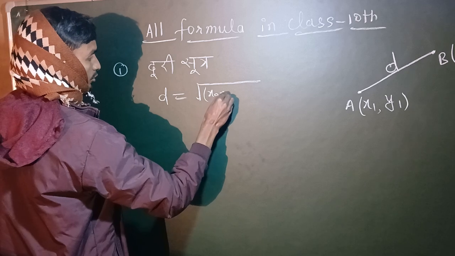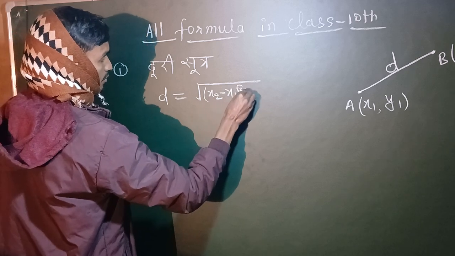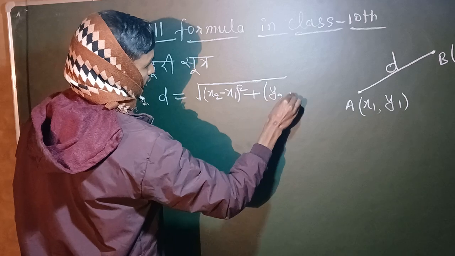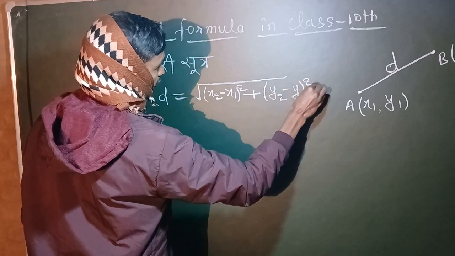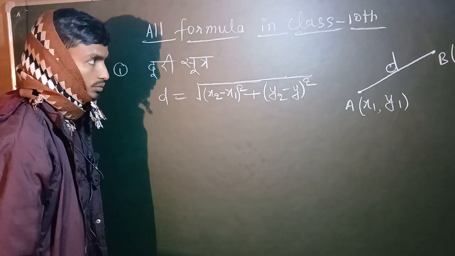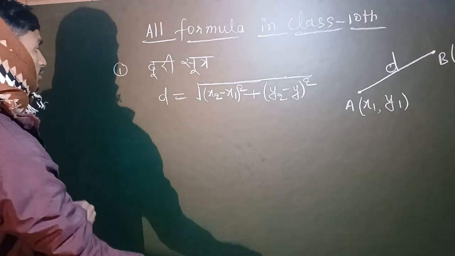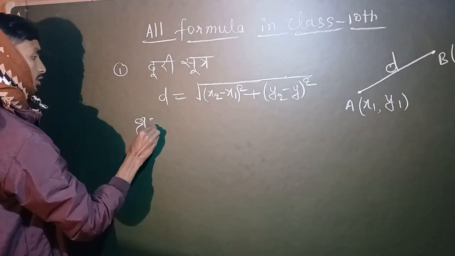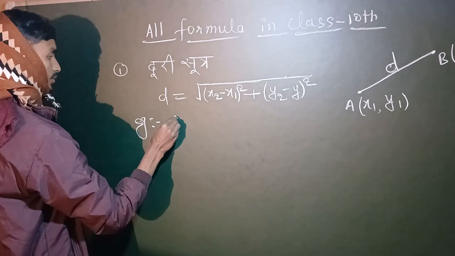Formula: x2 minus x1 का स्क्वायर प्लस y2 minus y1 का स्क्वायर. Some example of this formula.